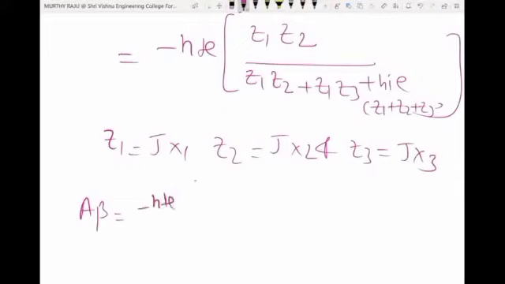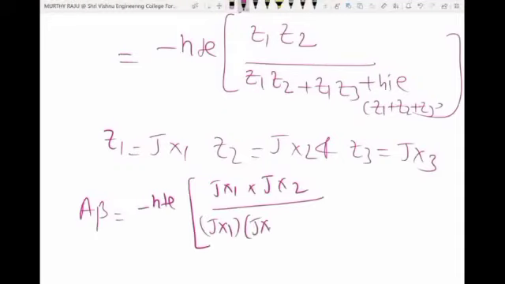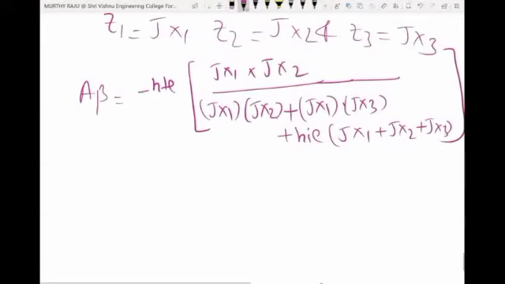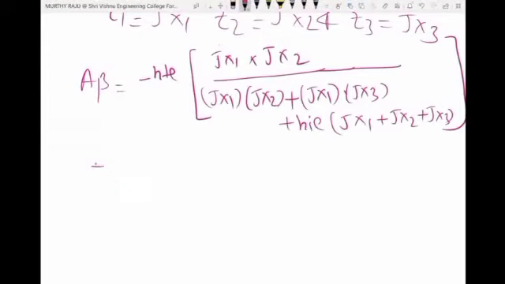Therefore, A beta is equal to minus h of e Z1 Z2, Z1 Z2 jx1 into jx2 by Z1 Z2 jx1 into jx2 plus Z1 Z3 jx1 into jx3 plus hie into Z1 plus Z2 jx1 plus jx2 plus jx3. This is A beta.